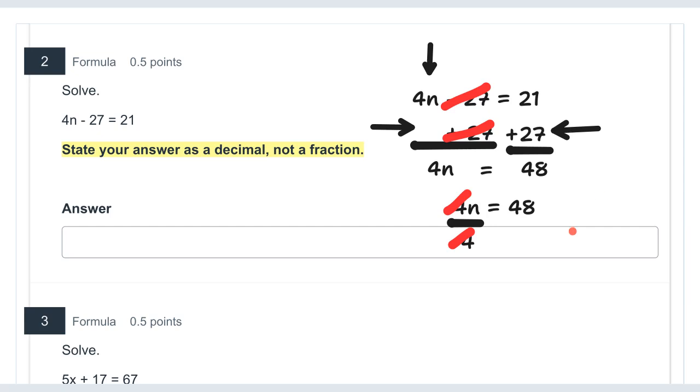But since I divided this side by 4, to get the equation back to being balanced, I have to divide this side by 4 over here. Since I do the same thing on both sides, I can put the equal sign back in the equation, and I'm going to have n is equal to 48 divided by 4, which is 12. So in our box over here, put 12 in the box.